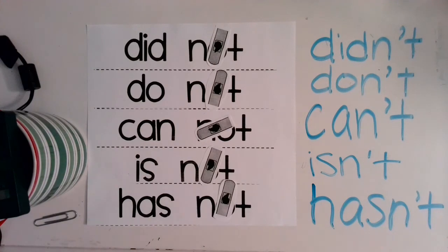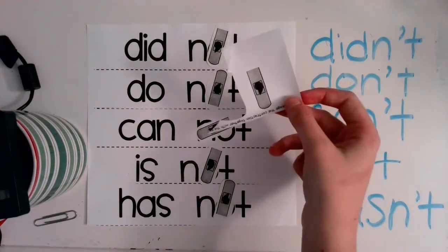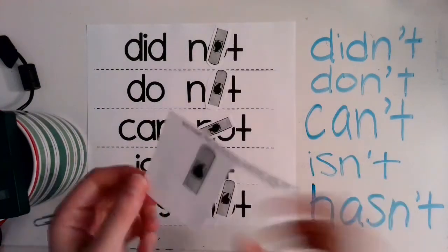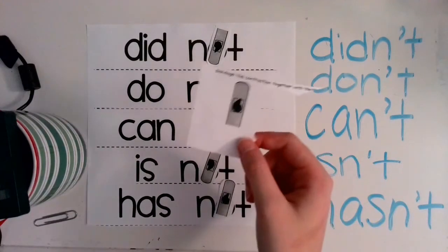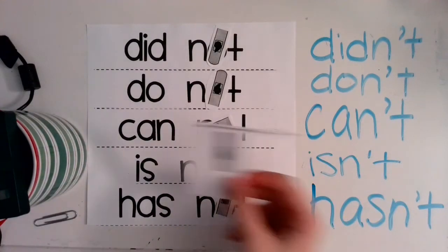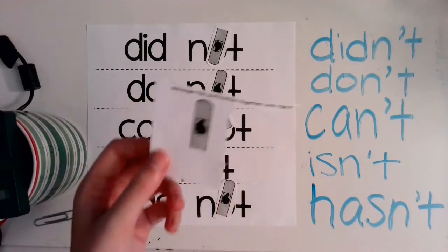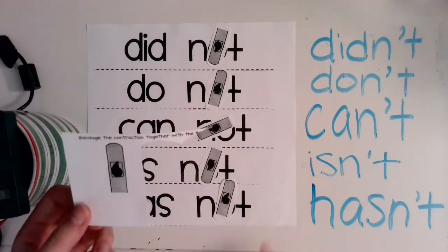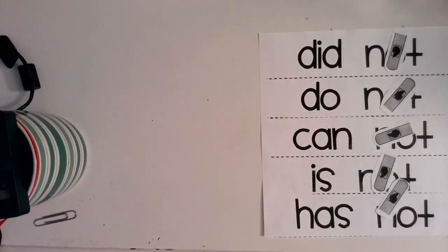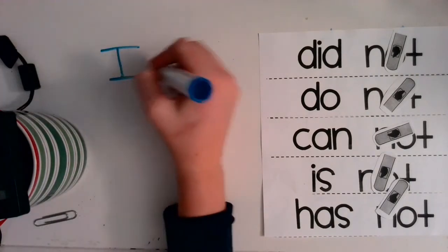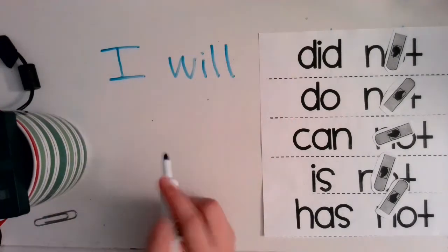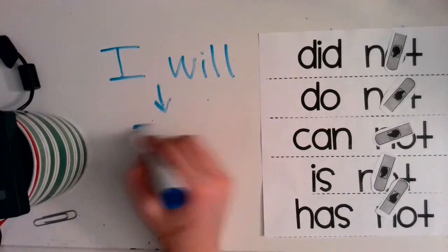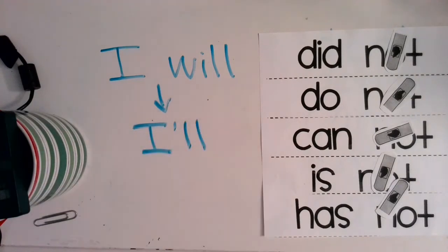All right, if you have this worksheet at home, you might notice that you have one Band-Aid left. This Band-Aid is for you to come up with a new contraction. Maybe you can come up with a word like you will. Remember when I wrote the word I will to become I'll?